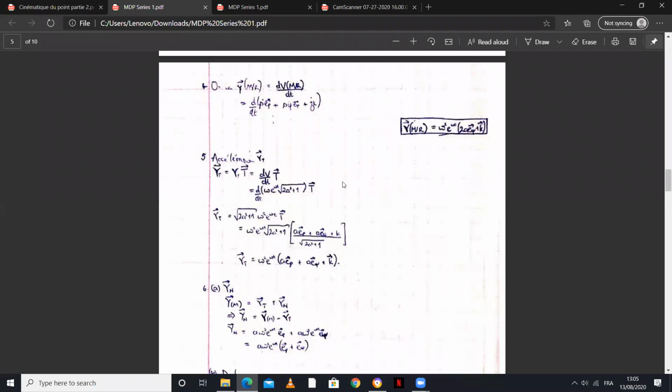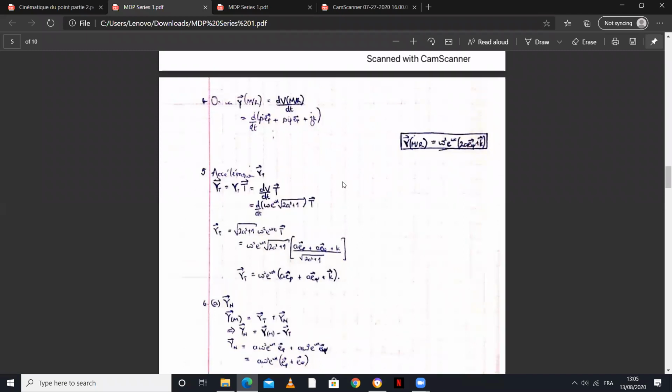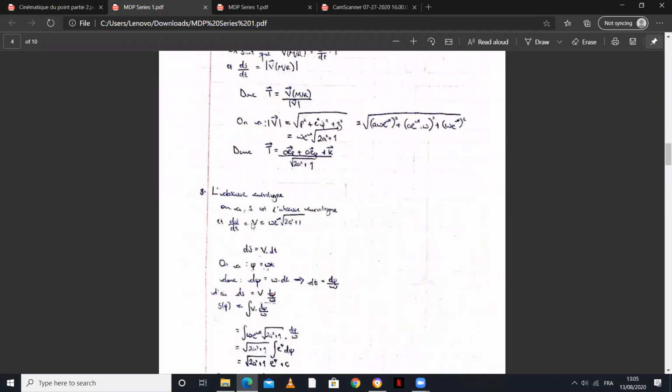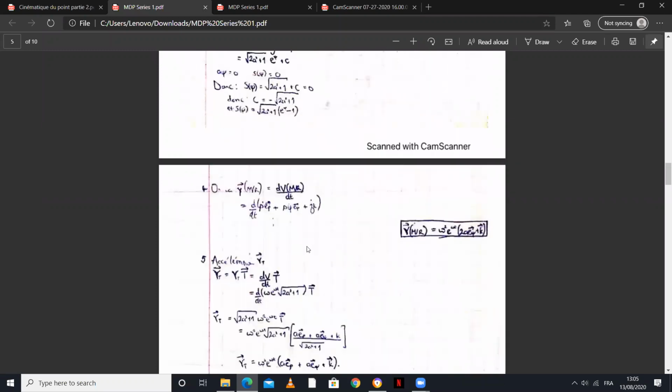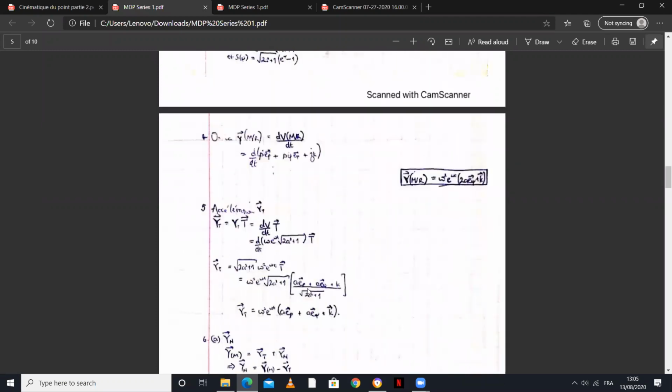Now, we have our expression for the vector tangent. We've already calculated it, T is equal to that. So we can substitute that expression for t here, and we'll have this here. And from here we see that the square root of 2a squared plus 1 and the square root of 2a squared plus 1 are going to simplify each other and cancel out.